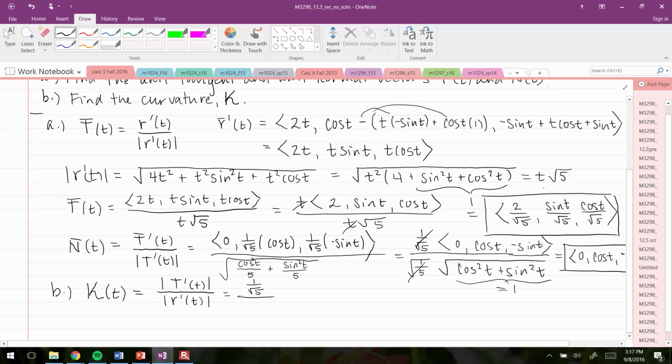And so what we have here is our square root of t squared times 5. Okay, so we're going to simplify this. And we'll have 1 over 5t. So that's the curvature. And we're done with that example.